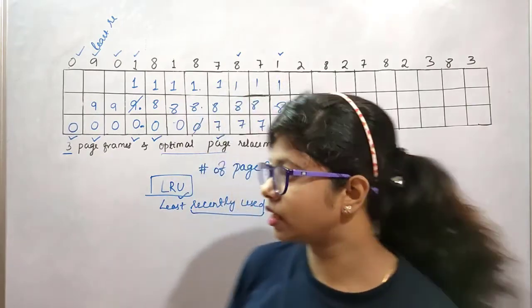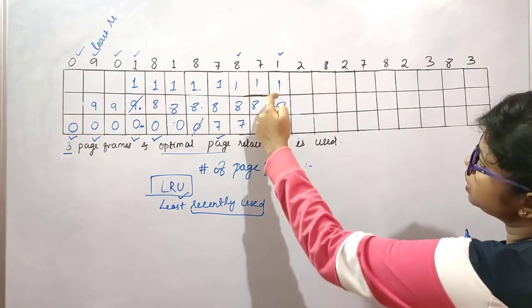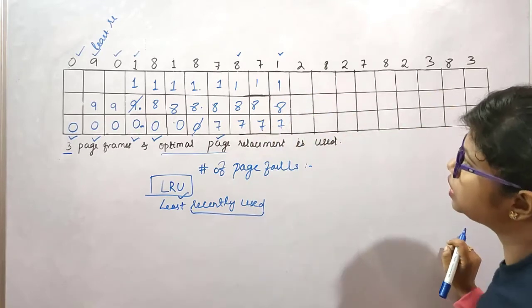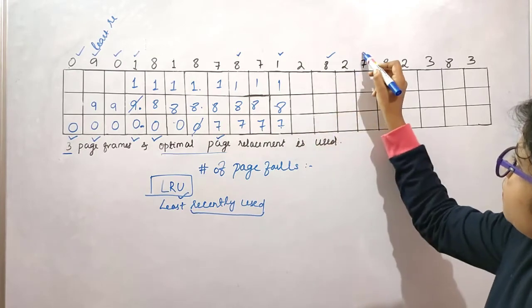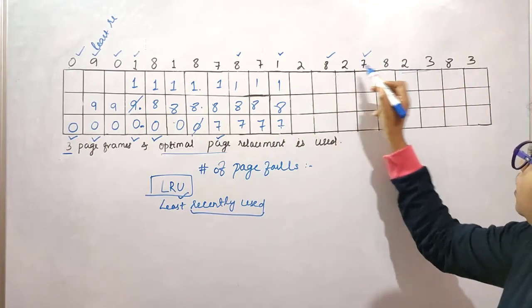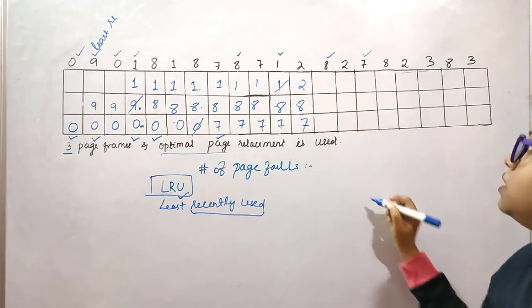So now see, 2 is coming in this case. Again what we have to do, we have to check 1 8 7, which is used in the near future. So 8 is used and again 7 is used, but 1 is not used anywhere. So replace 1. 1 will be replaced in this case.